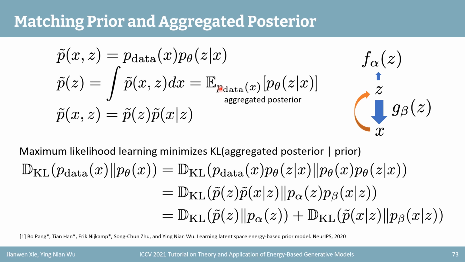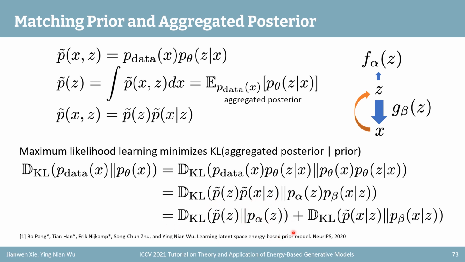And then if we look at maximum likelihood learning, which is to minimize the Kullback-Leibler divergence between the data distribution and the distribution of X under the model, obtained by integrating out Z, we can decompose this KL divergence into two KL divergences. One is the KL divergence between the aggregated posterior distribution and the prior model.